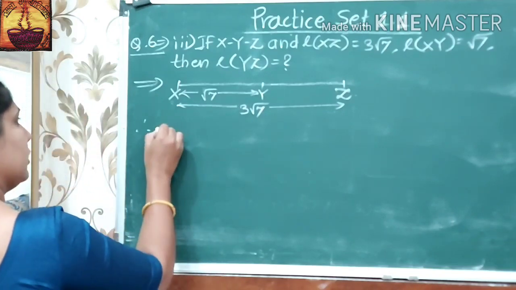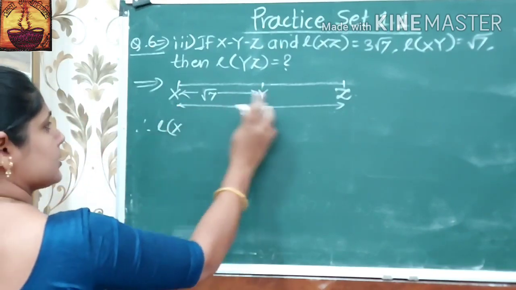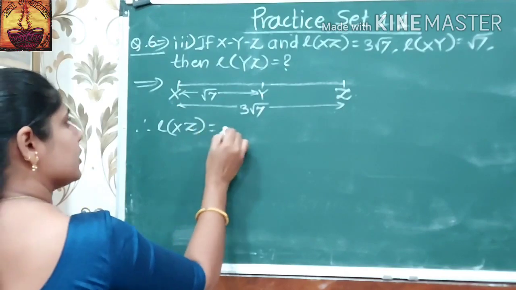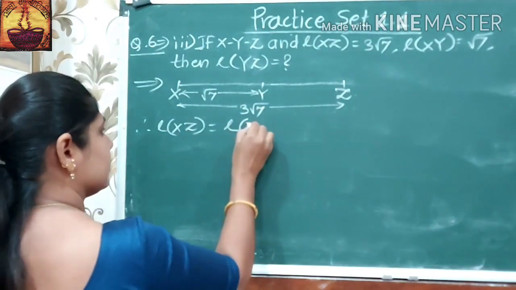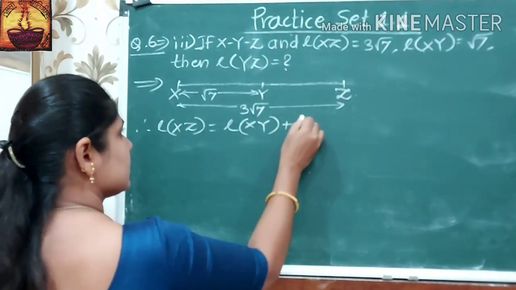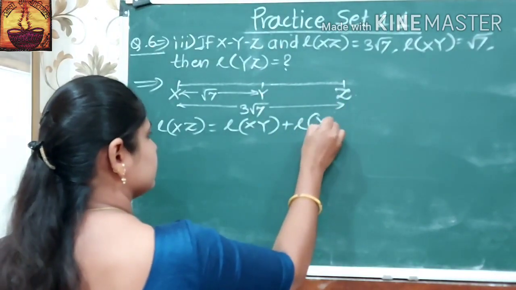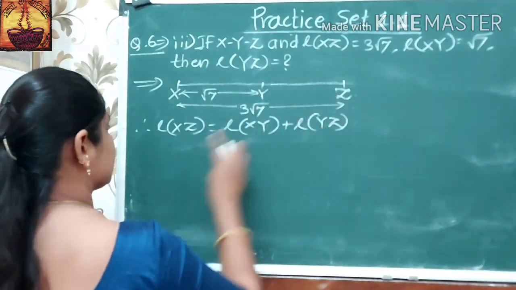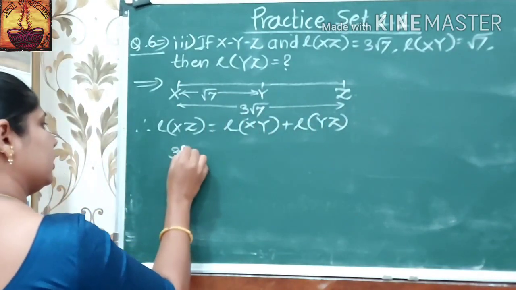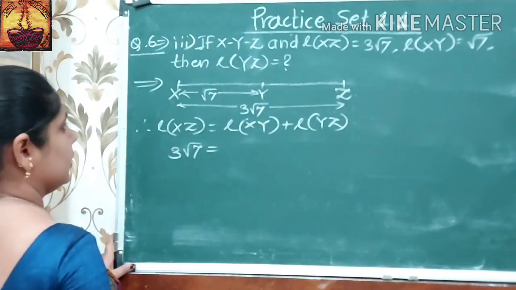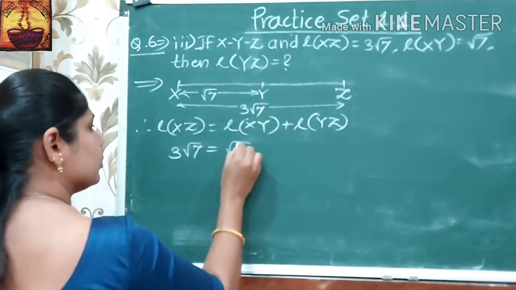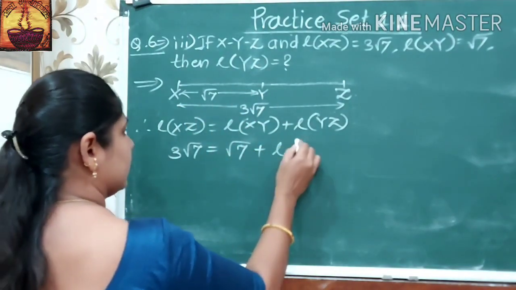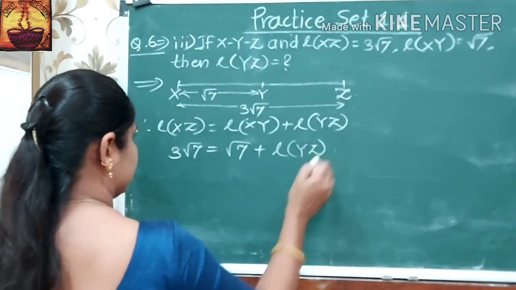Therefore, we write length XZ is equal to length XY plus length YZ. We have the length XZ is 3 root 7. Length XY is root 7 plus length YZ as it is.